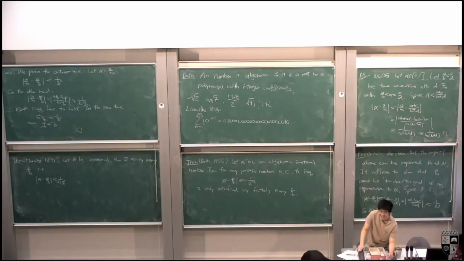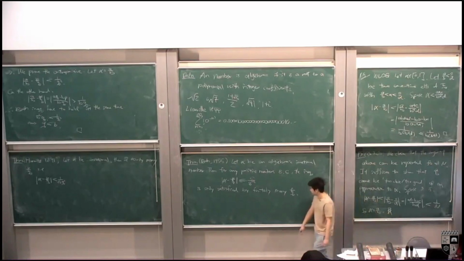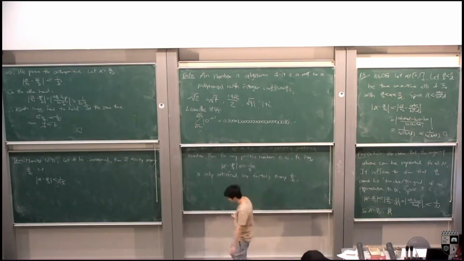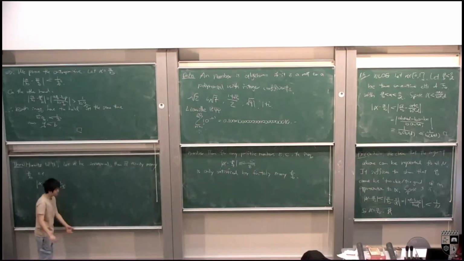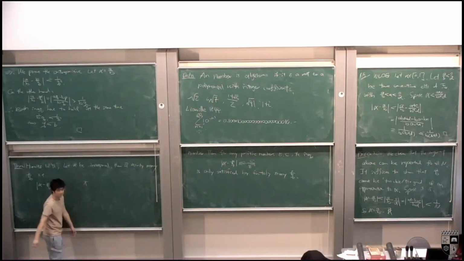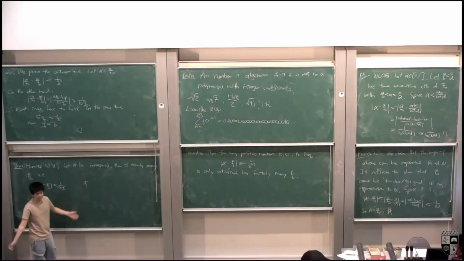Do we have a good way of constructing approximations? Yes, this is a very good question. I'll give you an example, and you'll see why I don't do it. Let's say pi. What's the approximation that we're aiming for? 22 over 7.